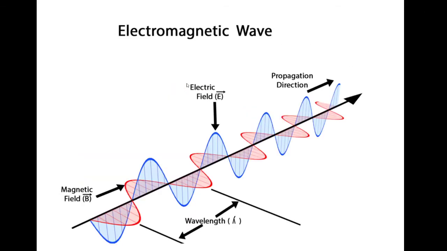So let's talk about, well, first let's look at what we were talking about. This is the structure of an electromagnetic wave, okay? As you can see, the electric field is perpendicular to the magnetic field, and the whole wave is moving in a direction that is perpendicular to both of those, right? And this is what we call propagation.